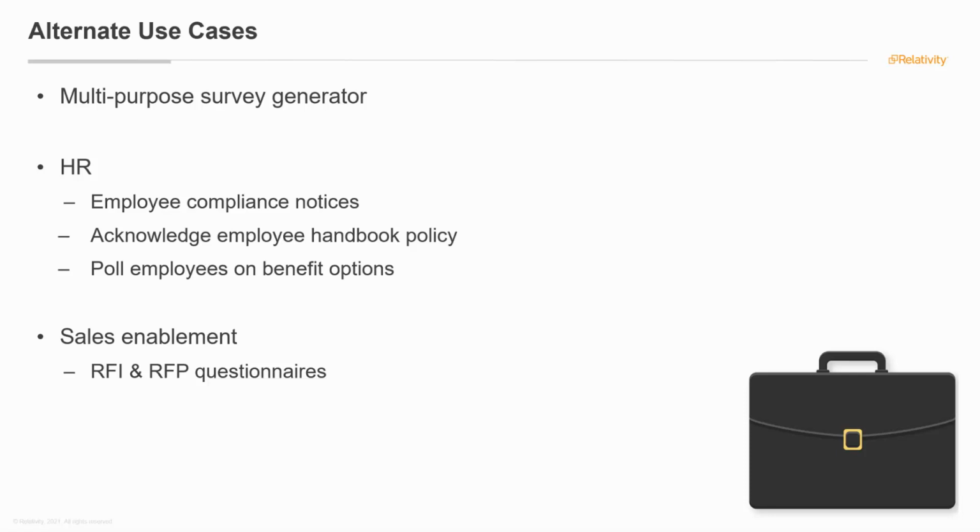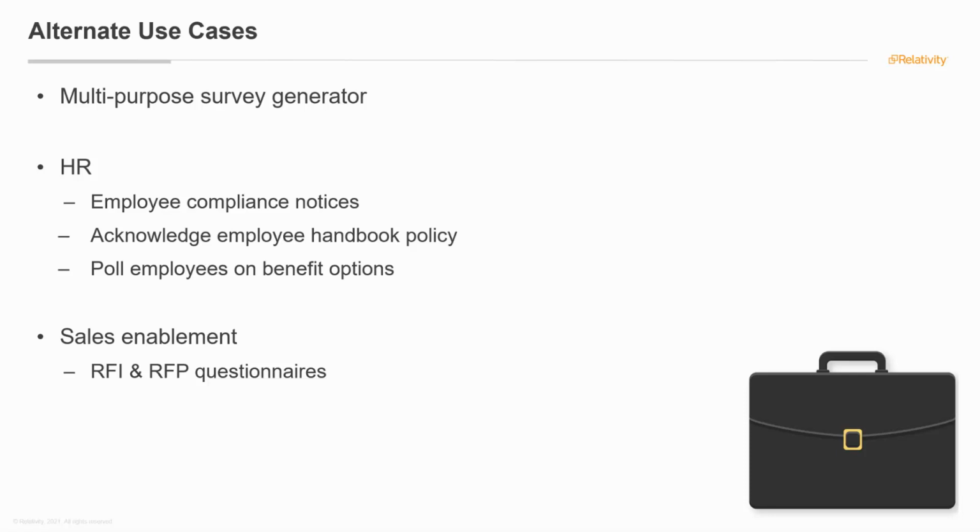You can also use LegalHold to generate quick communications to facilitate and track email acknowledgement, such as invites to company events. Sometimes at Relativity, we'll use LegalHold for things like that, for acknowledgments or polls like that. And lastly, you can enable, expedite, and organize sales RFI and RFP processes.